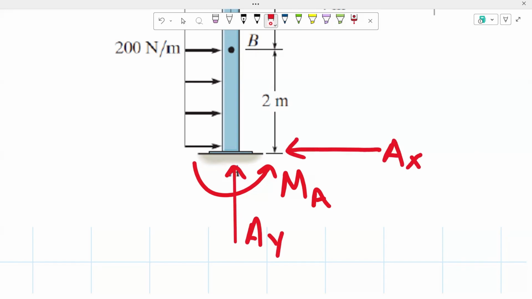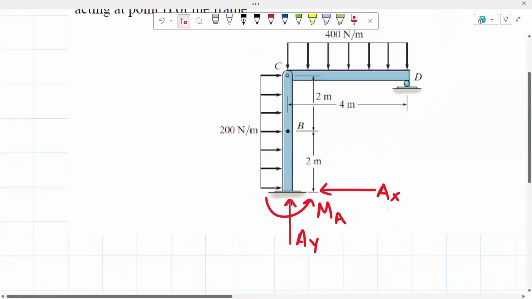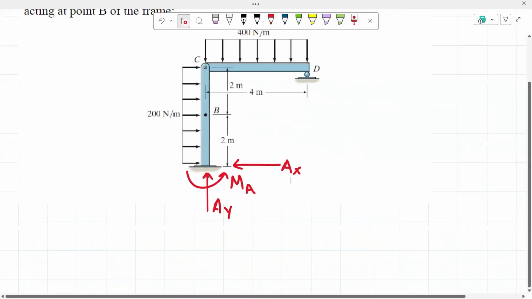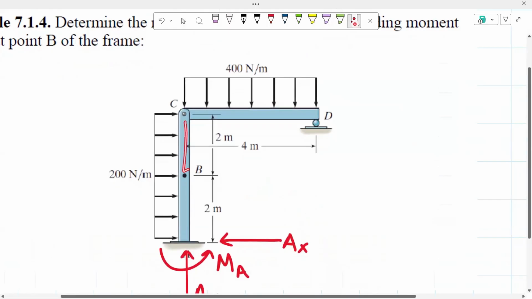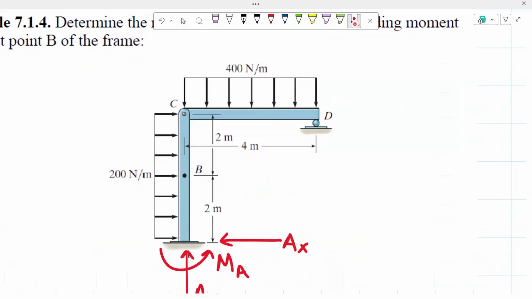So if we were to work with this side of the frame, we would have to find the three unknown reactions. Now looking at this other part of the frame, at point D we have a roller support, meaning we're just going to have one unknown reaction, which would be our vertical reaction.